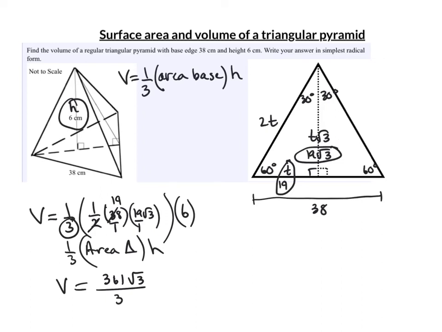And I checked 361 divided by 3. That does not divide and make a nice number. We're not doing any decimals here. So this is our answer. Now you could write it this way if you wanted: 361 thirds root 3. Don't forget to label centimeters cubed.